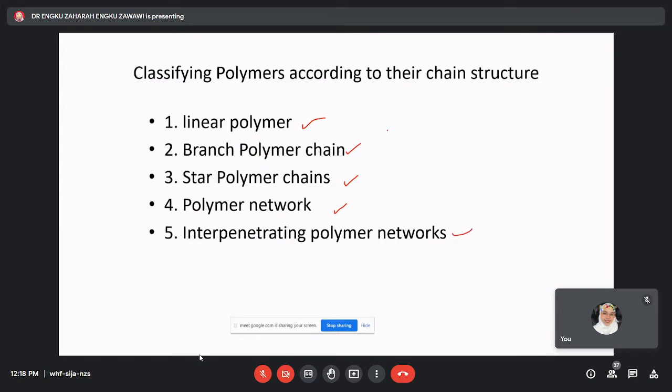So we know this is the polymer chain. In the polymer chain, we classify according to their chain structure.